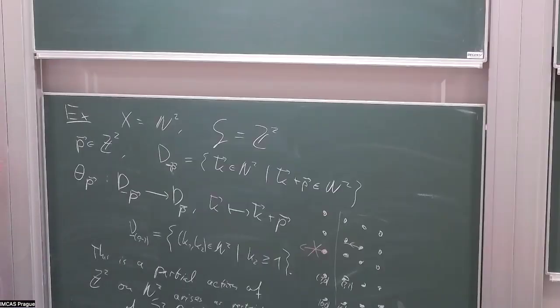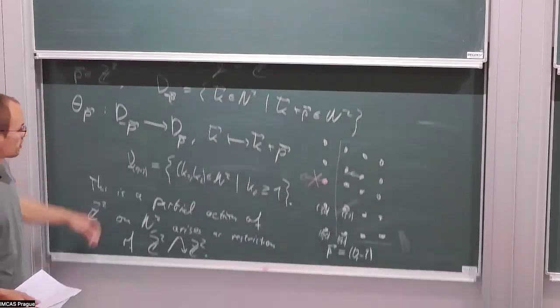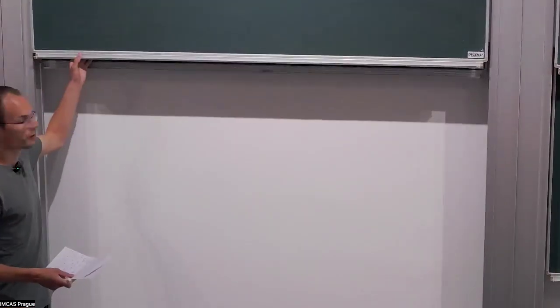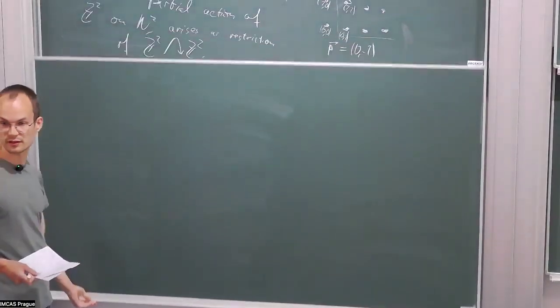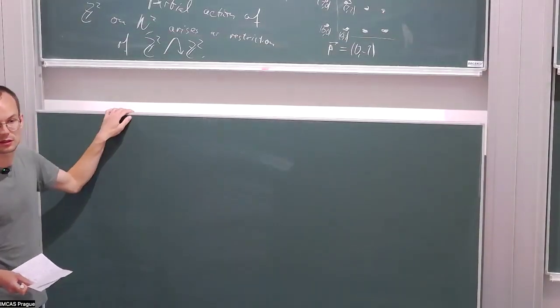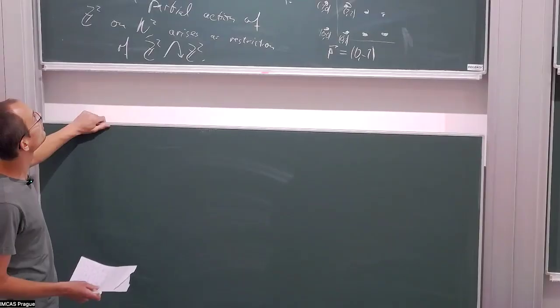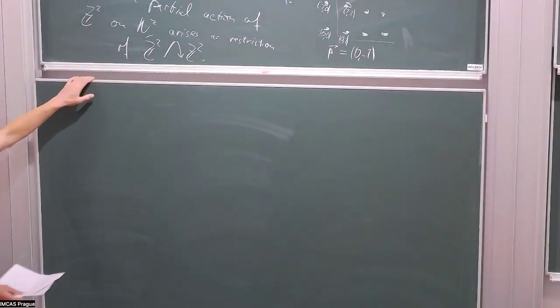In this case, I'm just restricting to a semigroup sitting inside, and then you have to restrict the domains. So this becomes a partial action. Okay, so far, so good. So I hope this example makes sense, because this is the kind of example we will see several times.